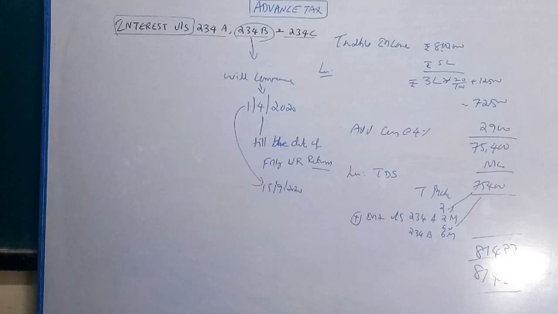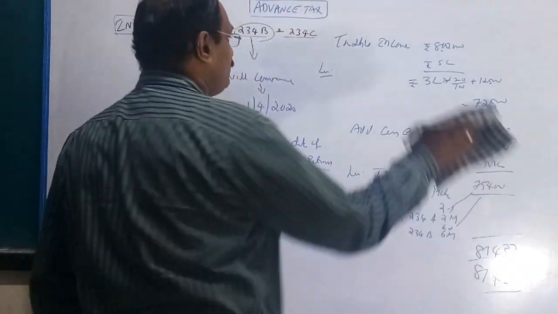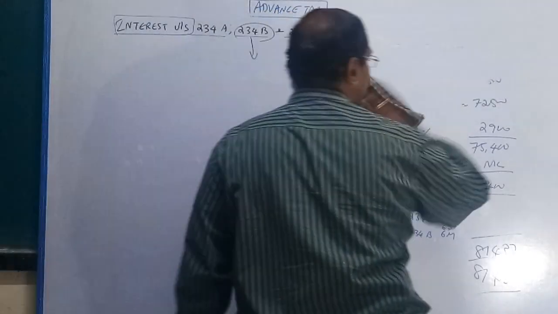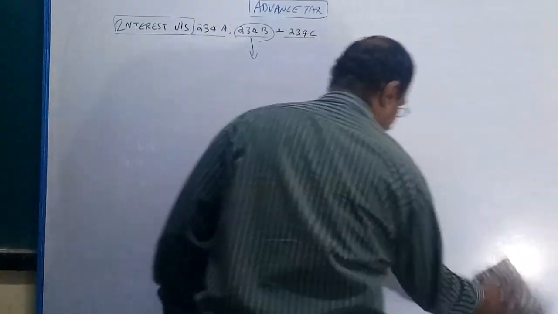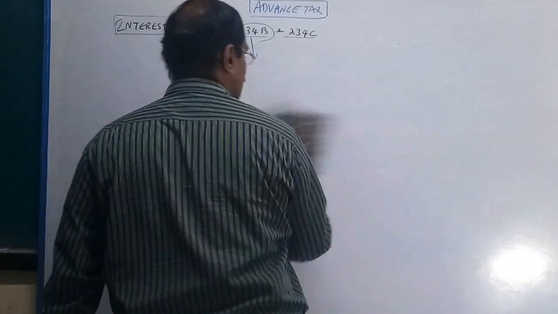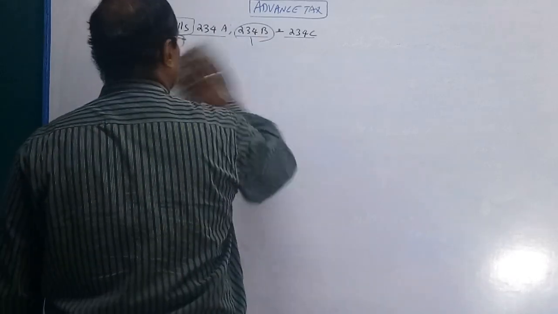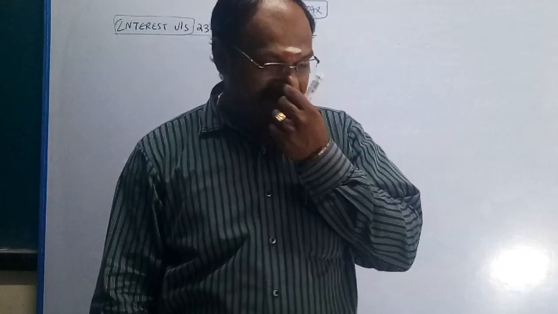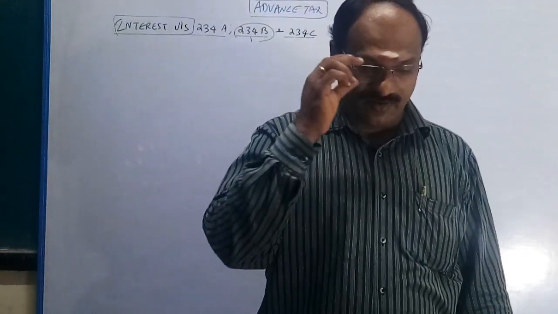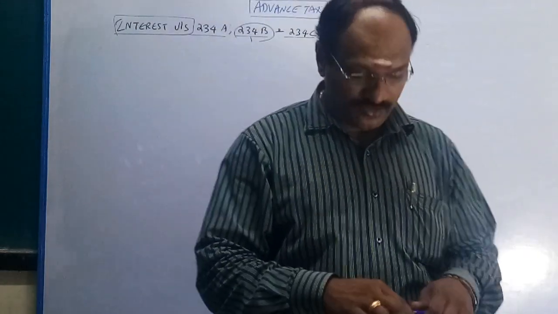We will take up a small problem on 234B. Listen carefully. Tax on total income of Mr. X for the previous year is 4,80,000.